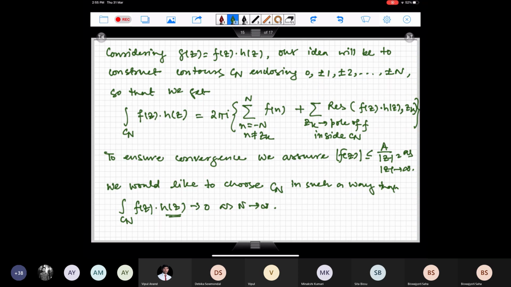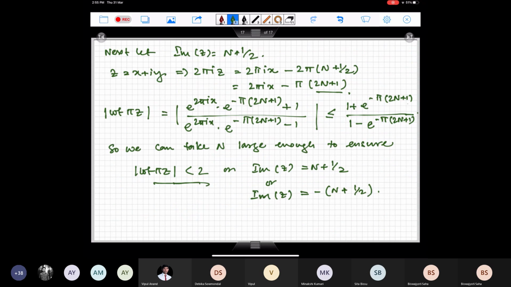I can bound it, and hence by the ML inequality, the integral over Cn of f(z) times h(z) goes to 0 as n tends to infinity.